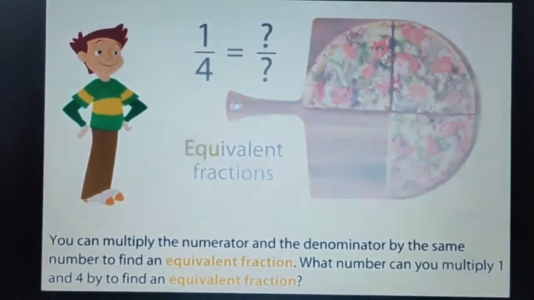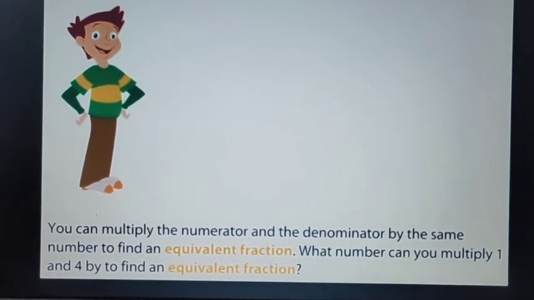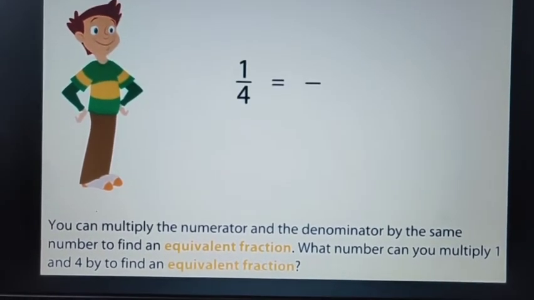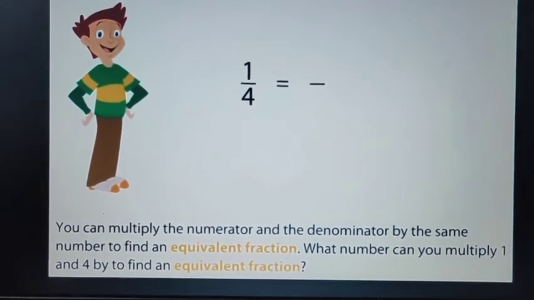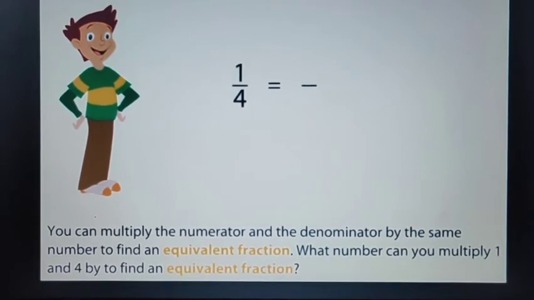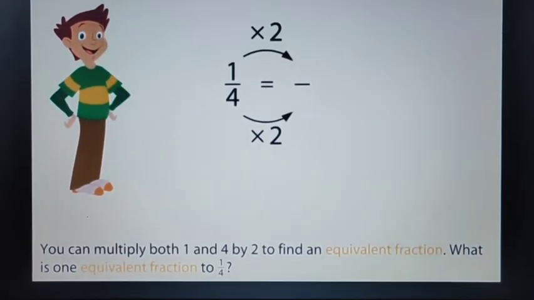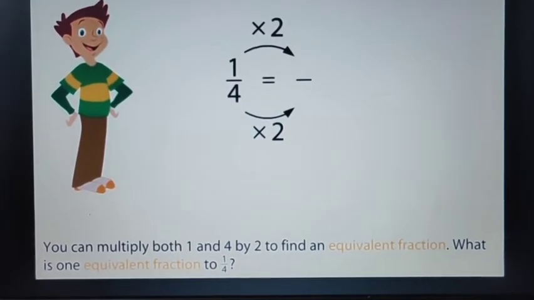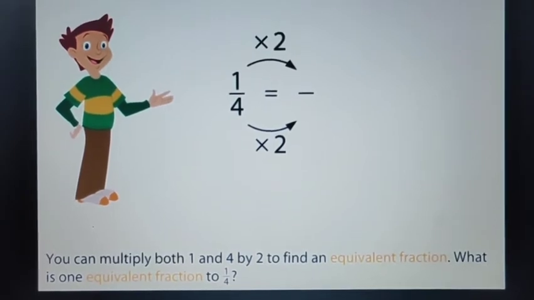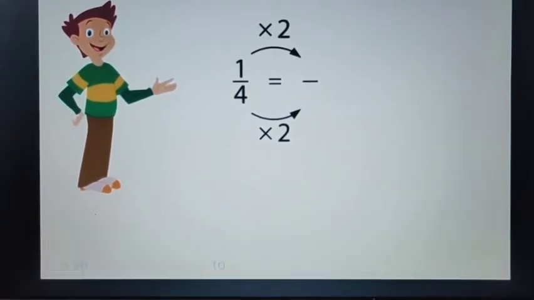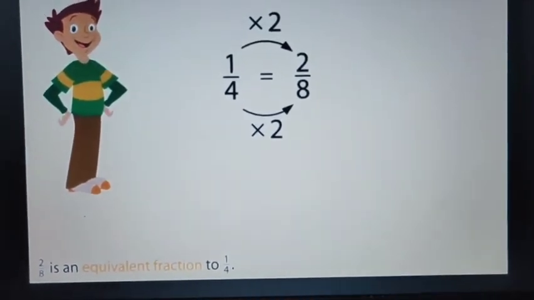You can multiply the numerator and the denominator by the same number to find an equivalent fraction. What number can you multiply 1 and 4 by to find an equivalent fraction? You can multiply both 1 and 4 by 2 to find an equivalent fraction. What is one equivalent fraction to 1/4? 2/8 is an equivalent fraction to 1/4.